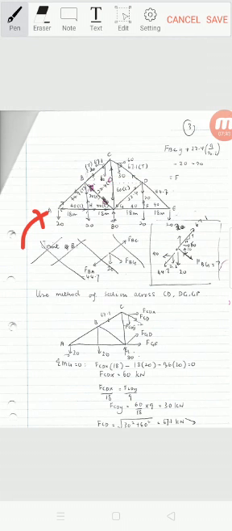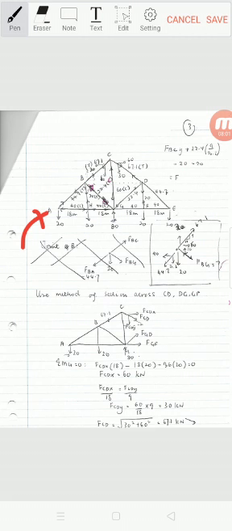What I did was, again, I find it quite difficult if I continue with the simplified method, where I need to solve at certain joints using simultaneous equations, like the one that I showed you last week.